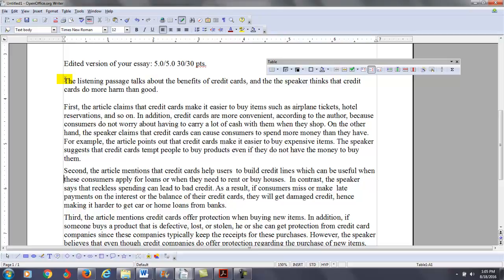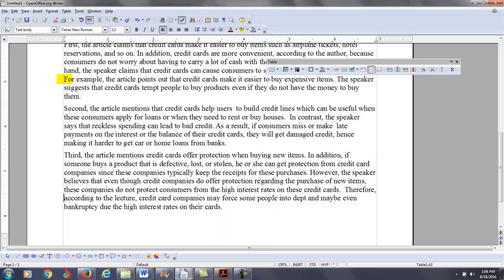Second, the article mentions that credit cards help users to build credit lines, which can be useful when these consumers apply for loans or when they need to rent or buy houses. In contrast, the speaker says that reckless spending can lead to bad credit. As a result, if consumers miss or make late payments on the interest or the balance of their credit cards, they will get damaged credit, hence making it harder to get car or home loans from banks.